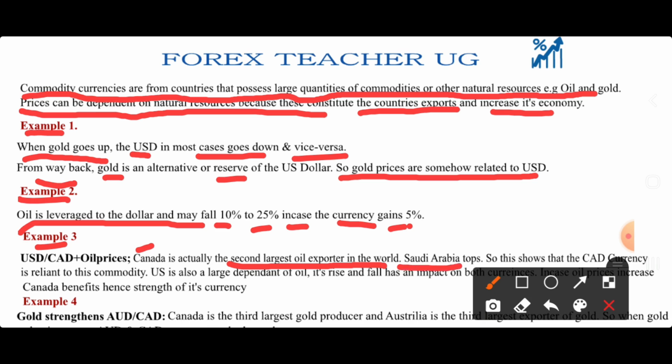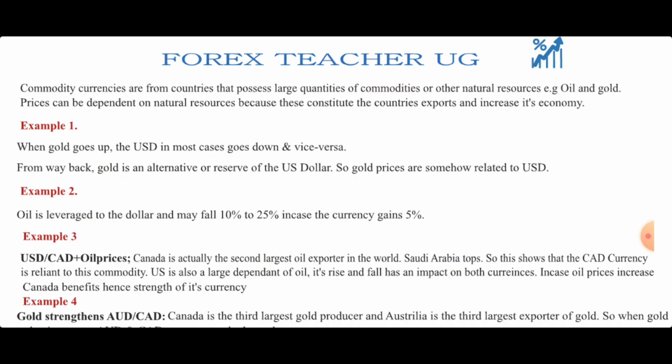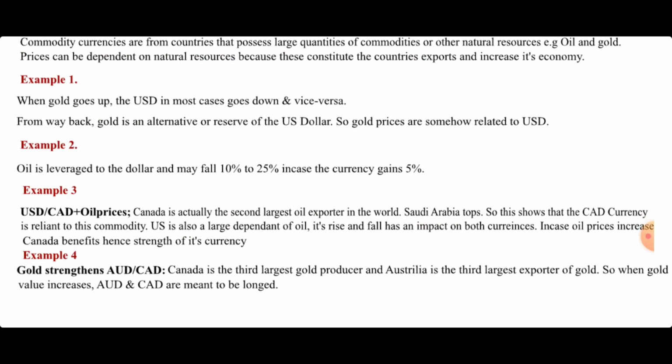Saudi Arabia tops. So this shows that the CAD currency is relevant to this commodity. So the US is a large dependent on oil. So its rise and fall has impact on both currencies. So in case prices increase, Canada benefits, hence strength of its currency.